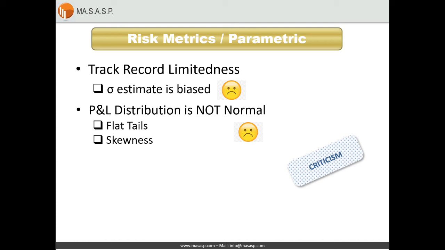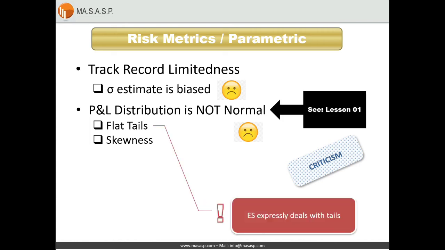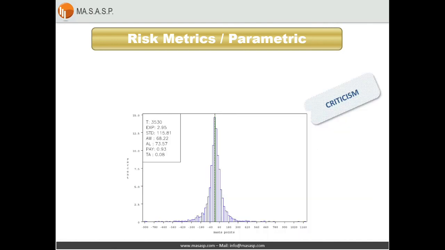This assumption is even less appropriate for the expected shortfall, as it expressly deals with the tails of the distribution. Let's recap shortly what fat tails mean.